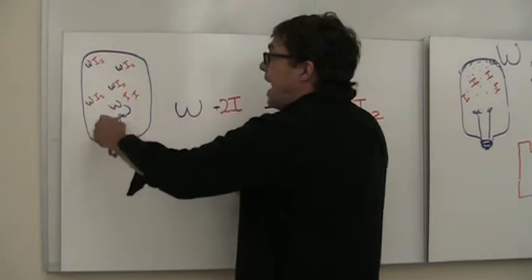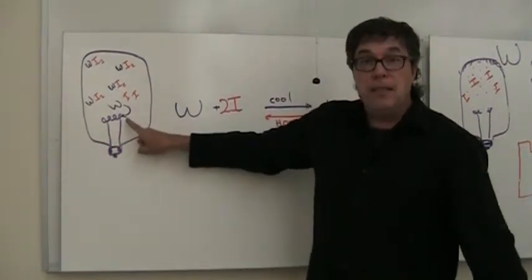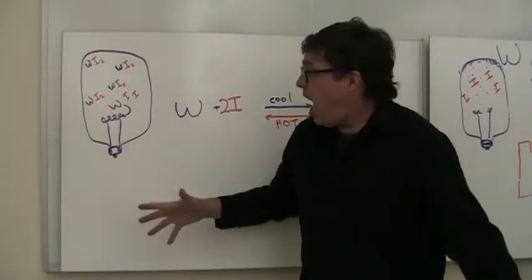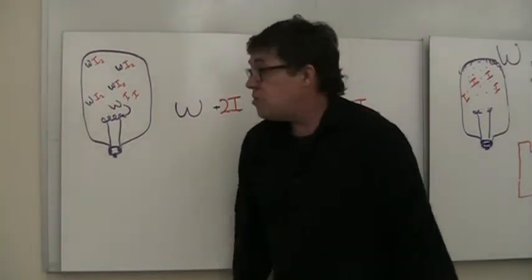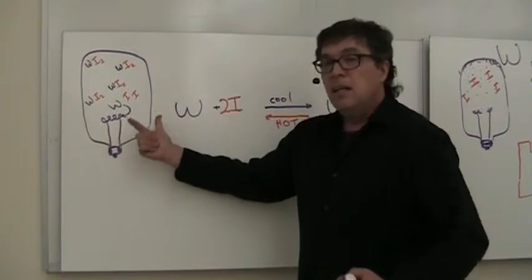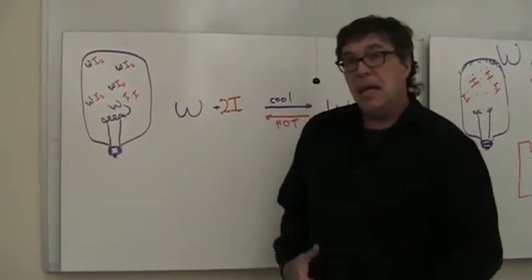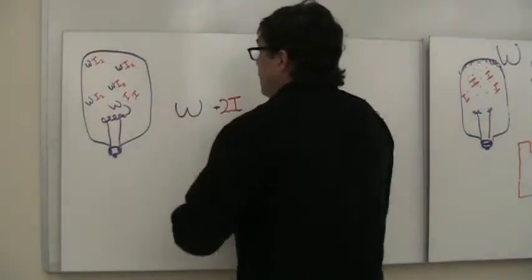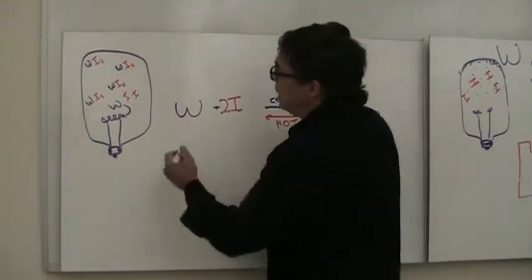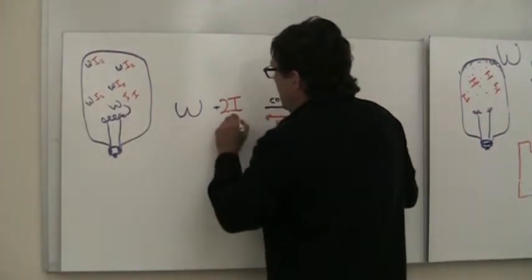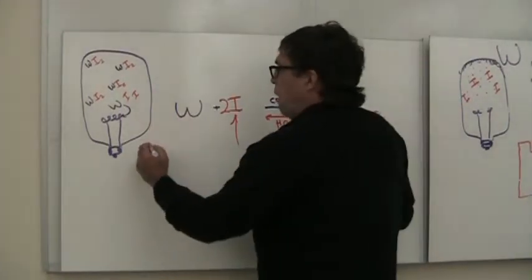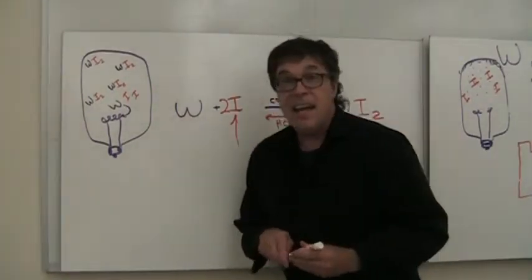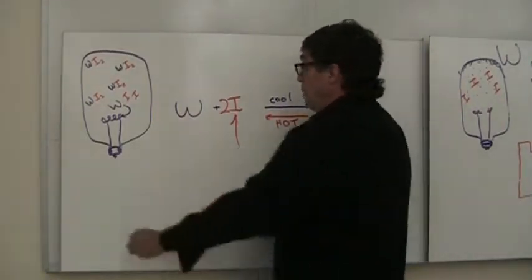It reattaches to the filament. Absolutely amazing. And so this allows us to operate this light bulb hotter and brighter. And of course, by now you realize that since this is a halogen, we probably call this a halogen light bulb.